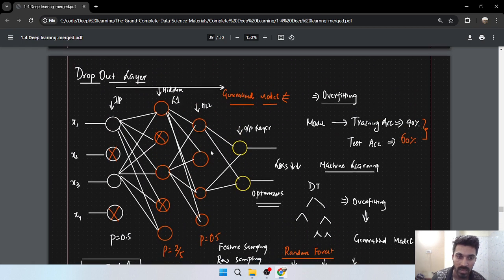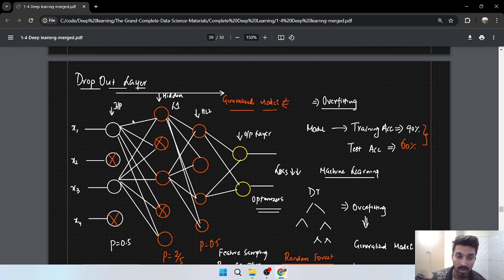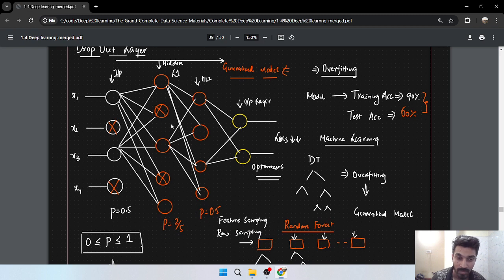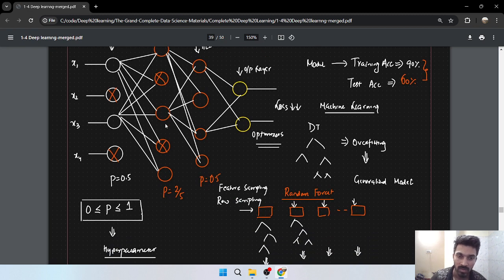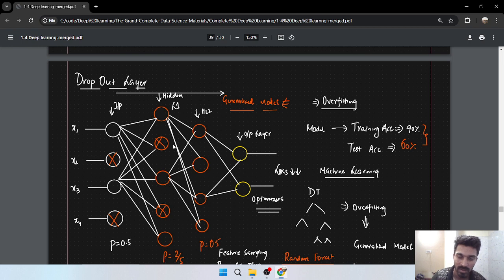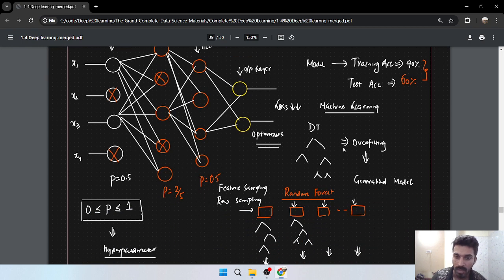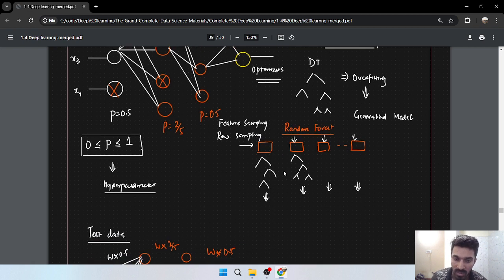Also in deep learning, if your model is overfitted, we have to apply a dropout layer, or we have to change many hyperparameters like activation function and optimizers. Or in a decision tree, if you have overfitting, then we apply some techniques, or we can also prune the tree before growing. These are some techniques.